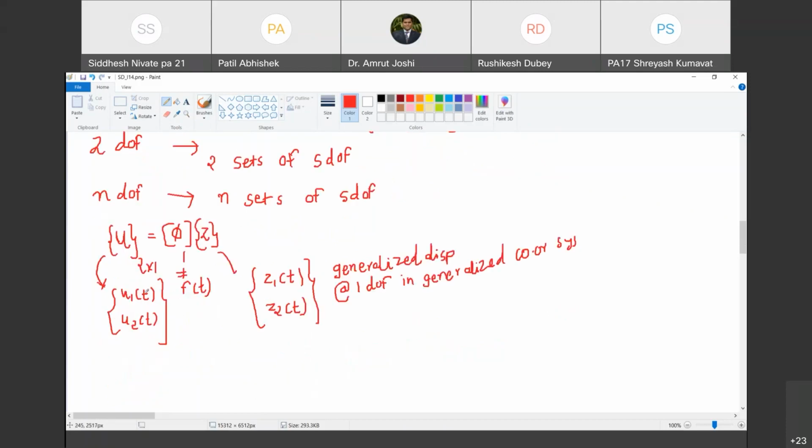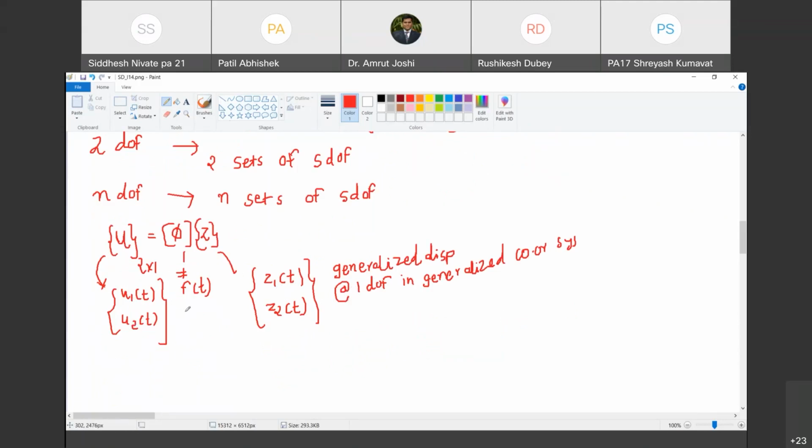So जो 2 degree of freedom system था, u1 of t and u2 of t, these were the degrees of freedom that has been transcended into two single degree of freedom systems where z1 of t is generalized displacement at first degree of freedom in that generalized coordinate system, and z2 of t is generalized displacement at second degree of freedom in that generalized coordinate system. Are you with me? Yes, sir.